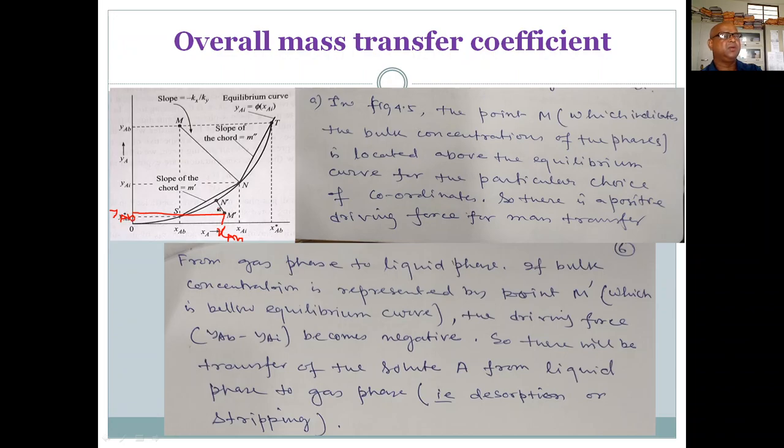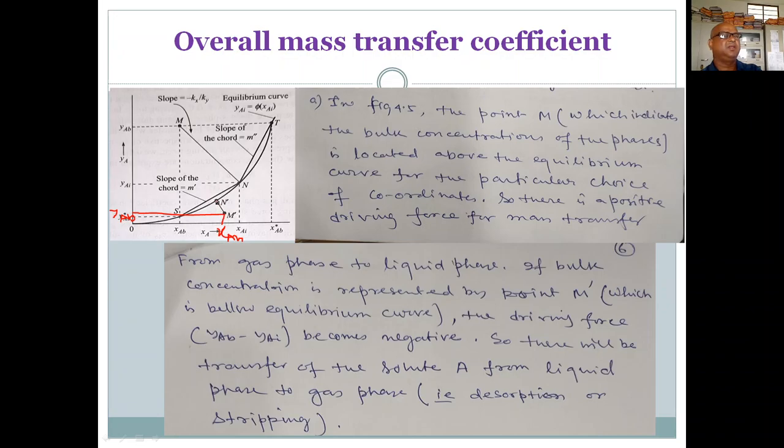So what does that mean? When this point is below the equilibrium curve, mass transfer will take place from the liquid phase to the gas phase, because this is the driving force I have.